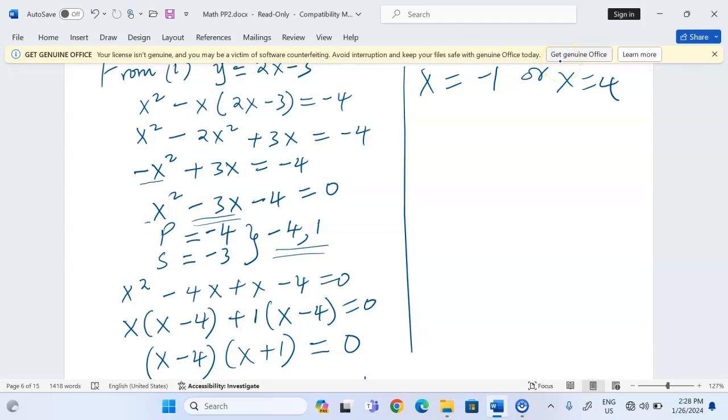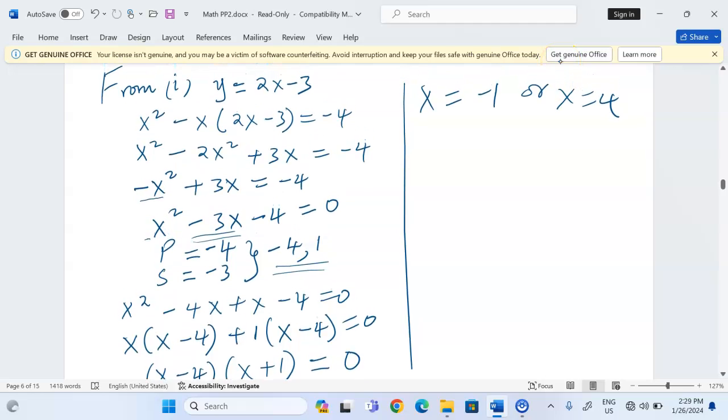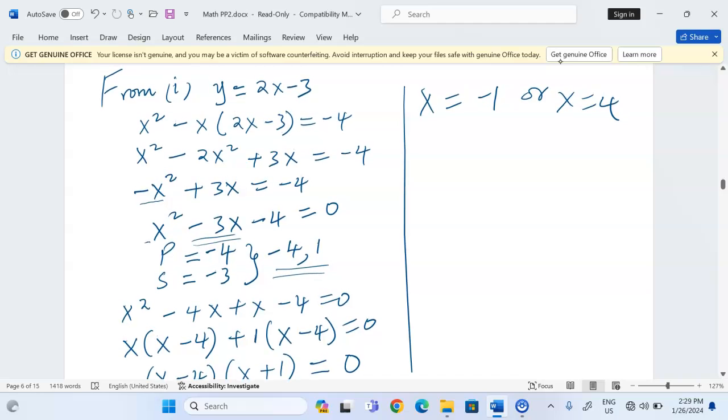So we can conclude by finding the possible values of y, such that when x equals negative 1, the value of y is going to be 2 into negative 1 minus 3. This is going to be negative 2 minus 3, giving us negative 5.